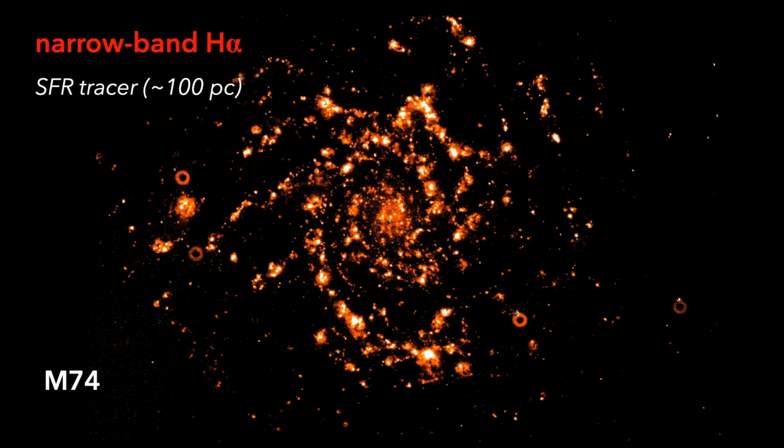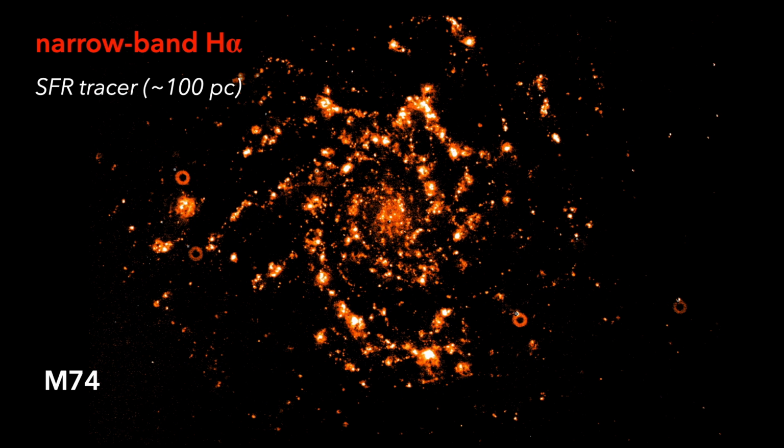In addition to tracking the distribution of molecular gas in our targets, in this study we are also interested in examining how efficiently that gas transforms into stars. And for that, we use maps of star formation rates, how many new stars are born per unit time and unit area.